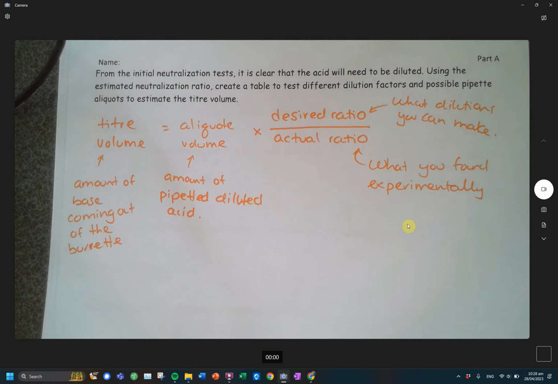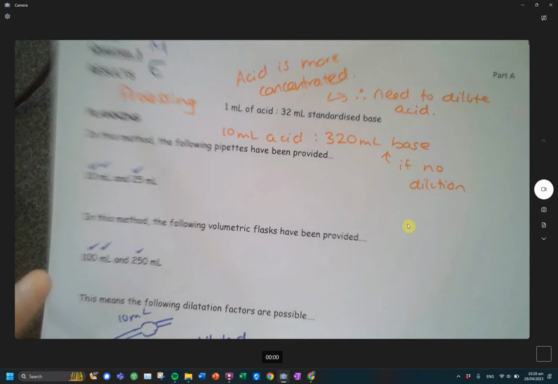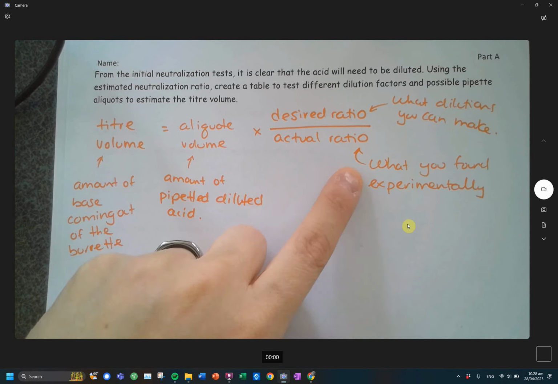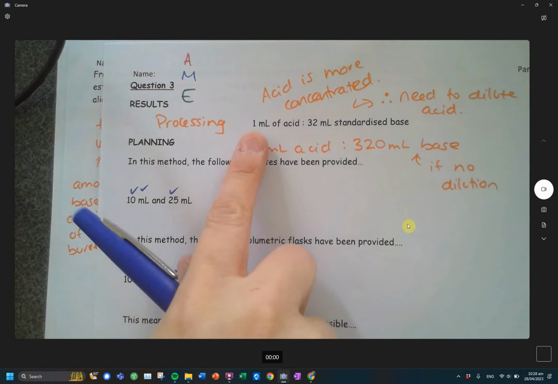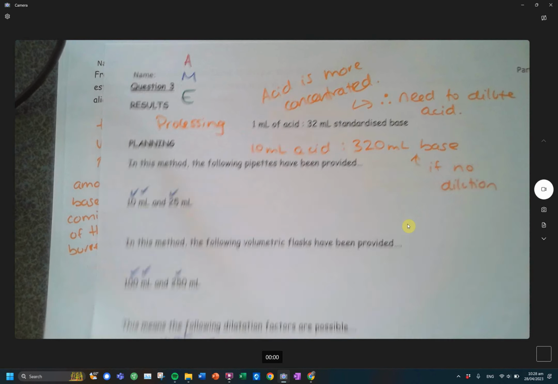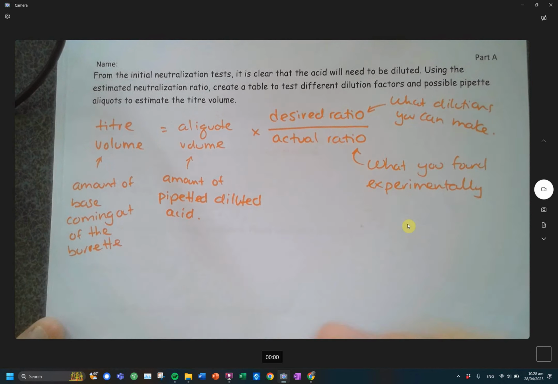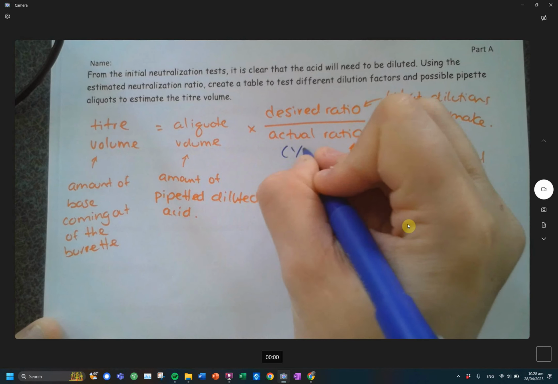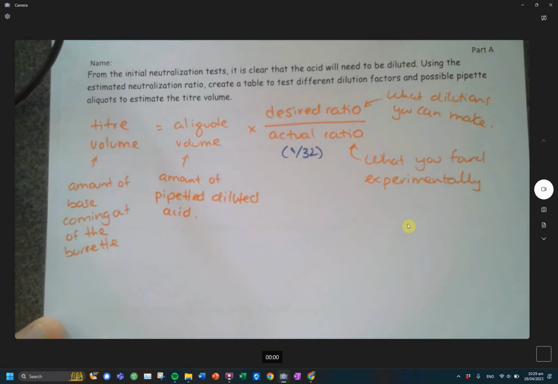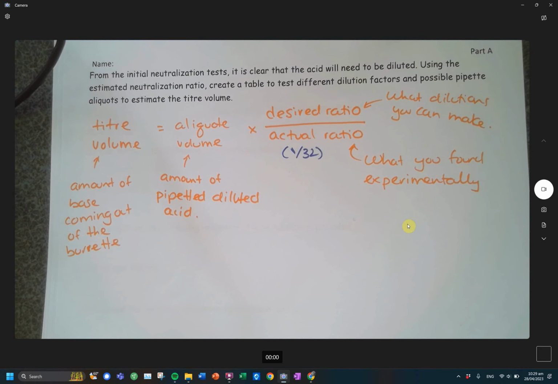All right. So going back to our original data, our actual ratio, or what we found experimentally, is 1 in 32. So I'm just keeping in mind that this number that I'm going to be plugging into my equations is going to be 1 in 32. We good?